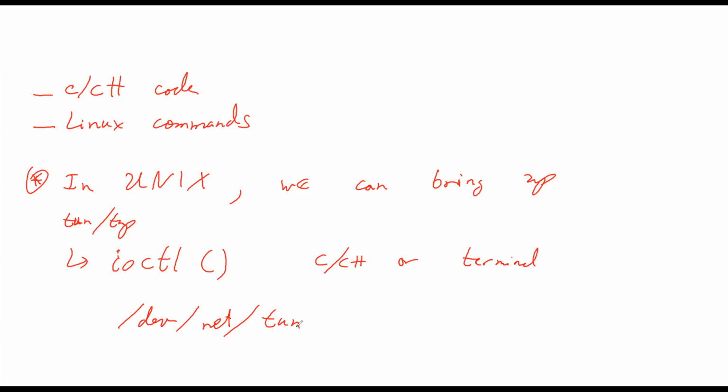Once you do that, you enable the interface, but it's not configured yet. You still need to configure it. At this point, this is like a network interface, so you can configure it just like you would configure other interfaces.